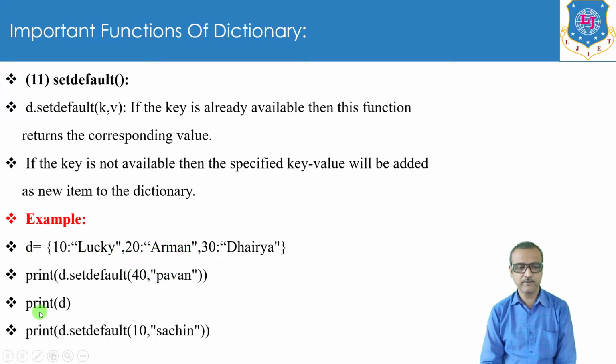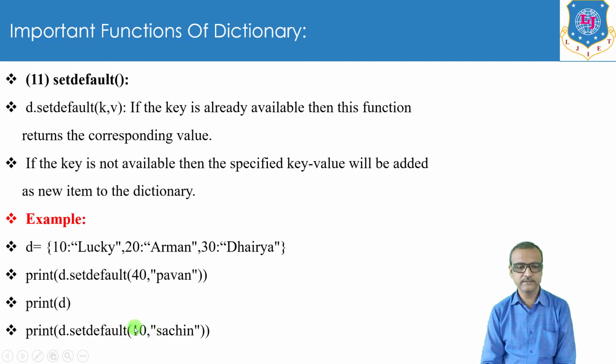And if we just apply the print D statement, then what will be the output in this case? The output will be a total of 4 key value pairs. We have these 3 key value pairs, and along with that we have the last key value pair, that is 40 and Pavan. Now print(D.setdefault(10, Sachin)).